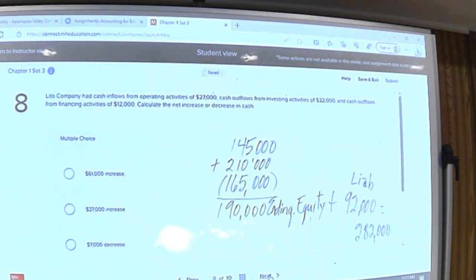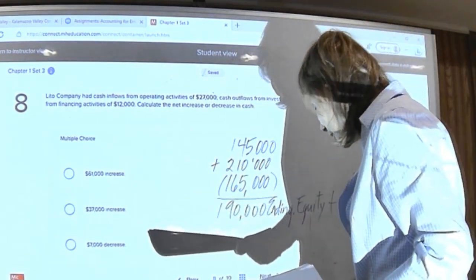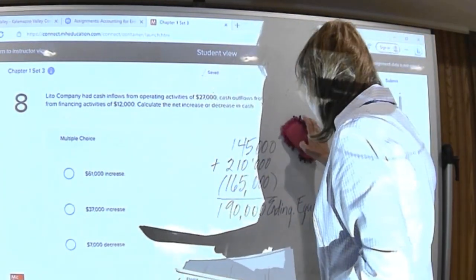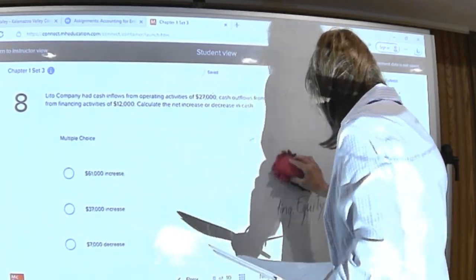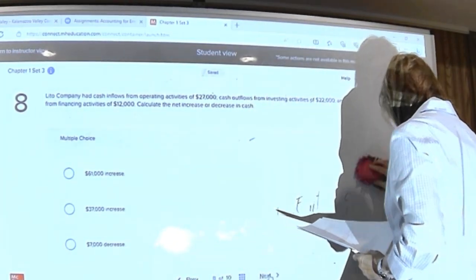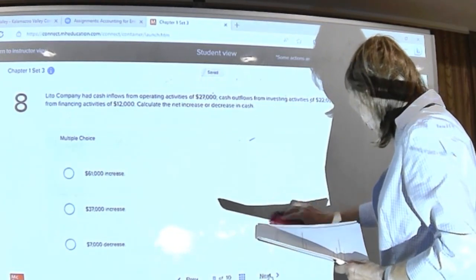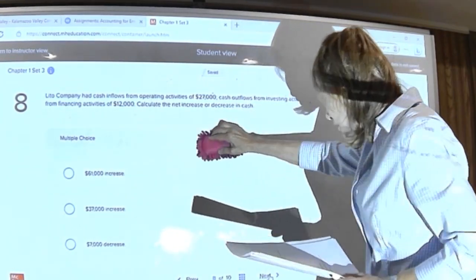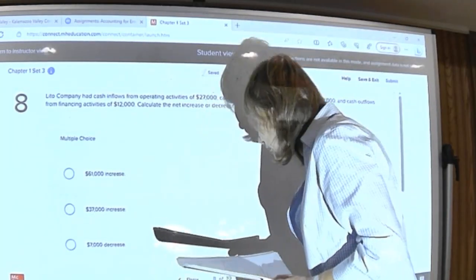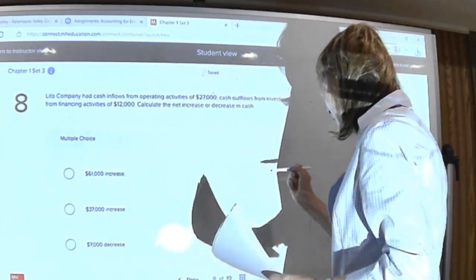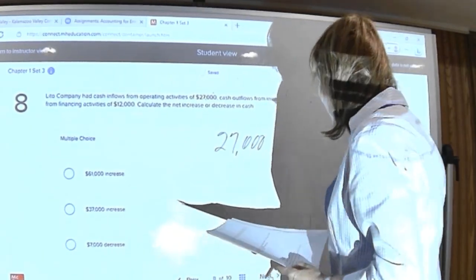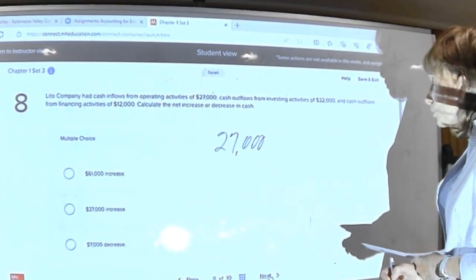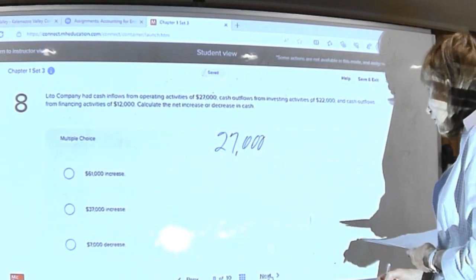Then we've got this Lido company. We have inflows from operations of 27,000. So let's keep track of what's going in and out of their cash account. $27,000 goes in. That's from operations, the day-to-day operation of the business. Then they do some investing.